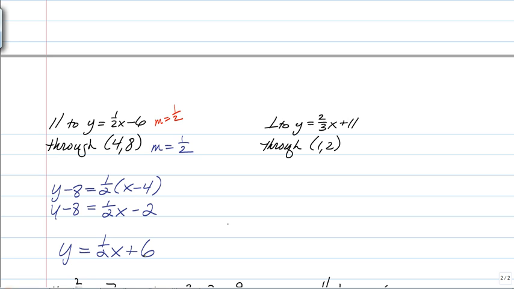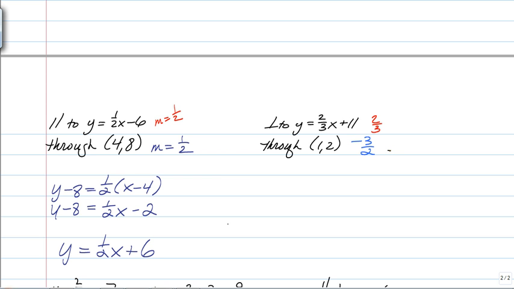So the next one says perpendicular. The problem is not much different than the one we just did except for the slope. So in this, our slope is 2/3. What slope is perpendicular to 2/3? Answer, negative 3/2. Opposite reciprocal.